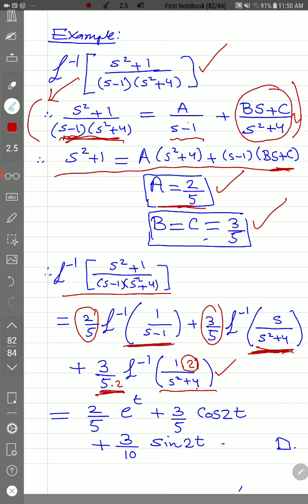So e to the power t. If you go to the third rule in the table, exponential. And this is for the cosine bt, b equal 2, b squared will be 4 here. And this is for the sine bt, b equal 2 as I said.